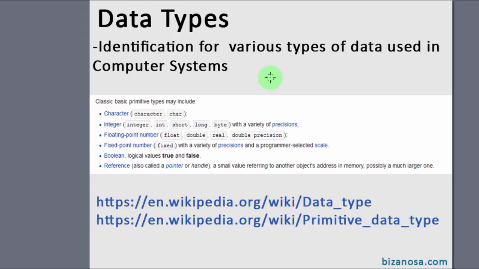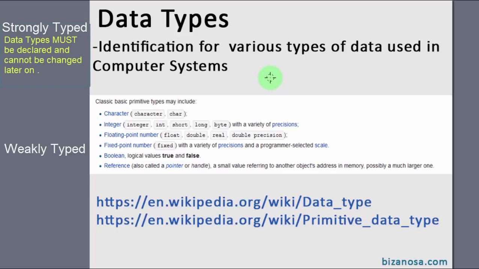We have programming languages which are strongly typed, and then we have those which are weakly typed. A strongly typed programming language is one which explicitly requires you to say the kind of data that is expected at any particular point. Like if you create a variable, we're going to look at variables later on, but if you create a variable, you have to say what kind of data type that variable will be.